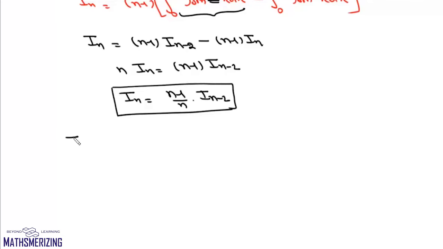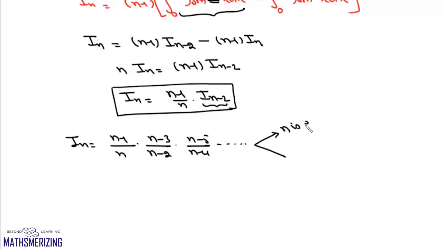Now this is the reduction formula of I n. Now we can write this as I n, and this is n minus 1. Now if we use the reduction formula for I n minus 2, it will be n minus 2, n minus 3, and then n minus 4, n minus 5, and the series will continue in two ways.